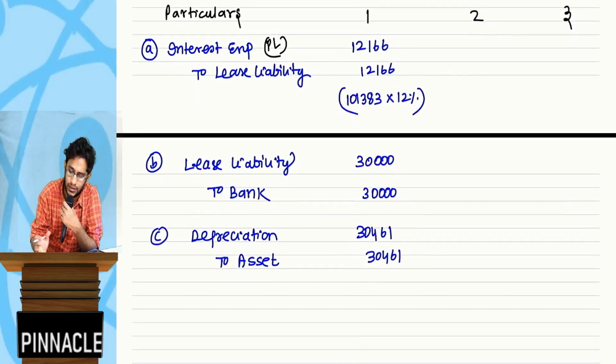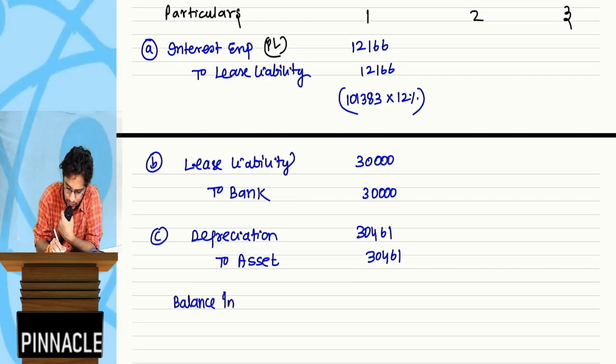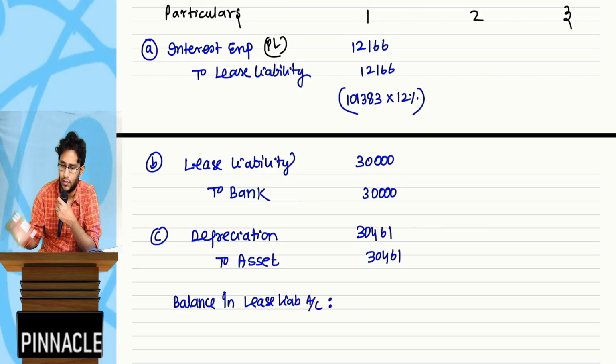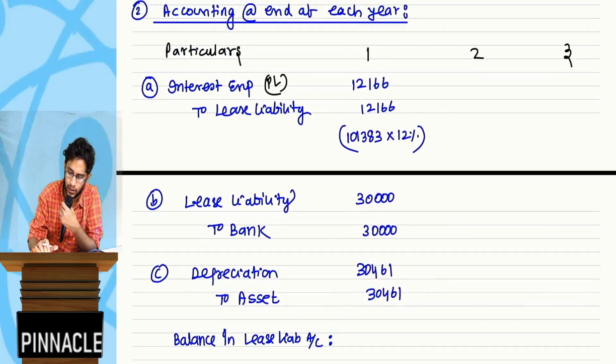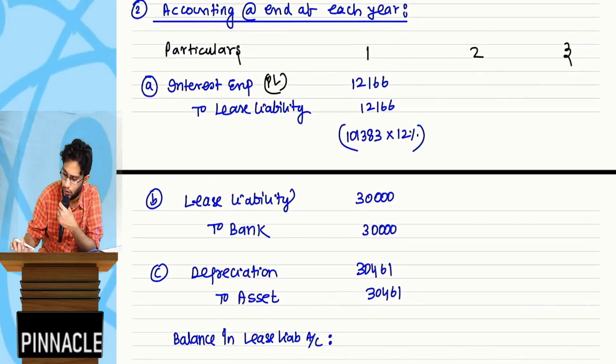Before you write second year interest, here you have to write the balance in the lease liability account. First day lease liability you recorded at 101,383. Here you added the interest, credit means add on, for liability.